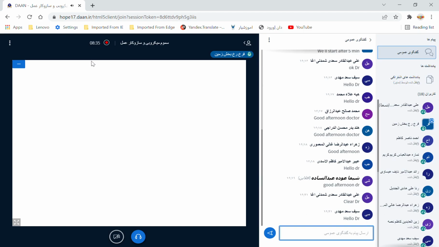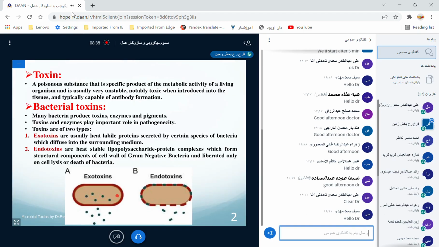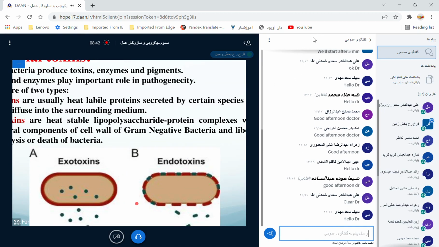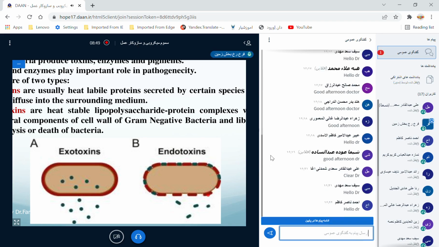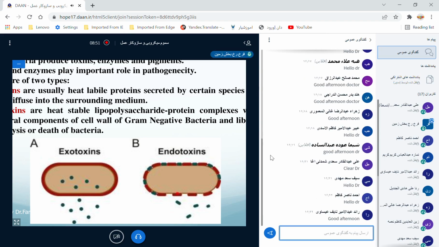We have two toxins. One is exotoxin and the other is endotoxin. Endotoxins are parts of the cell wall, so they have two jobs.